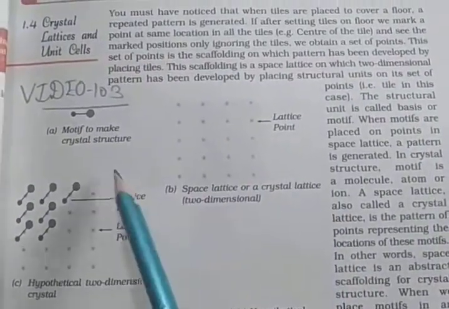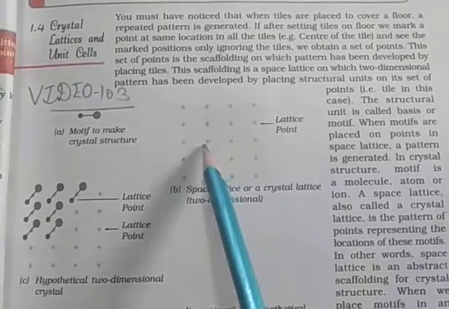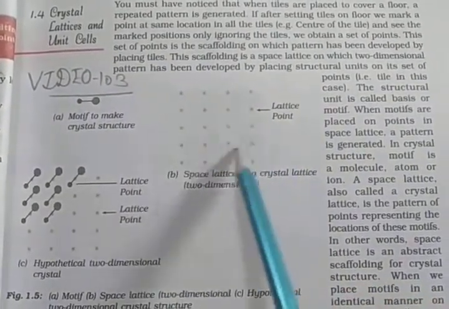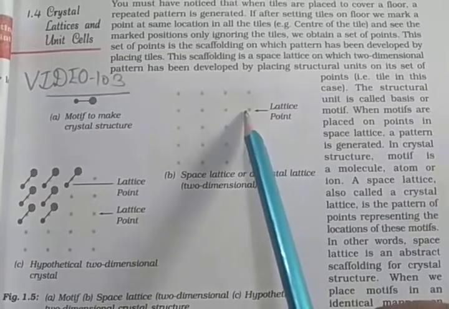When the motif is placed on the points of the space lattice, here this is the space lattice, and this is the lattice point.